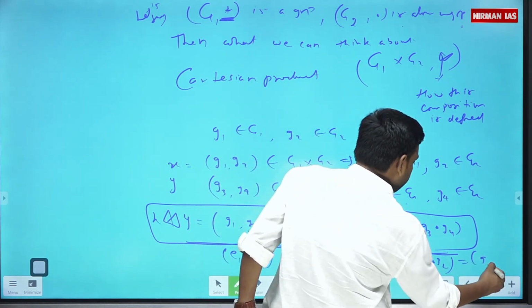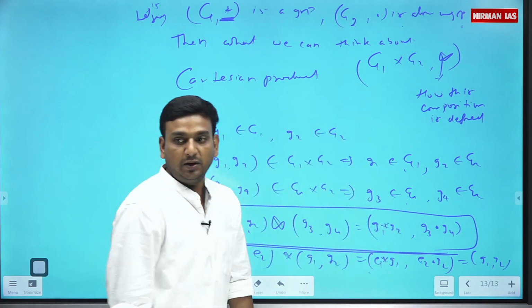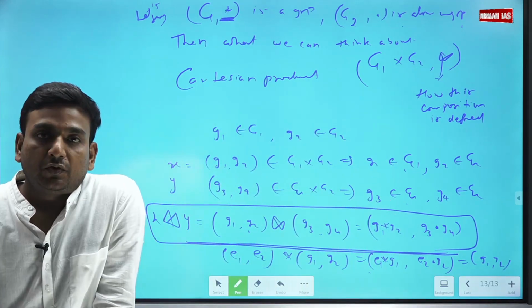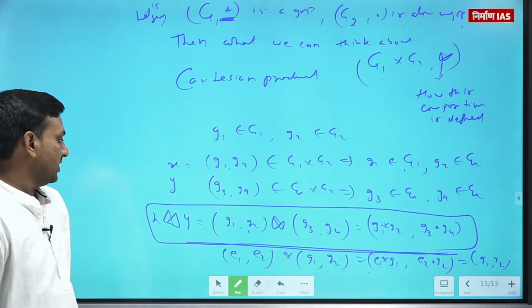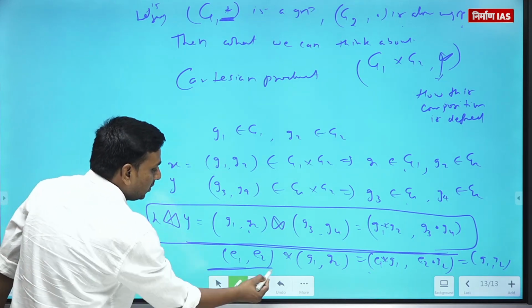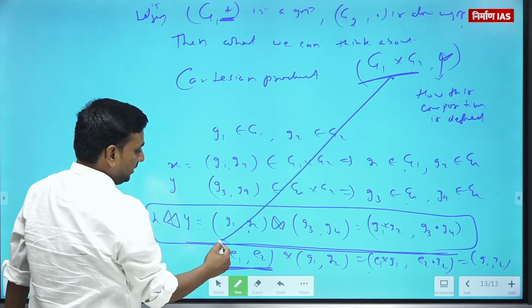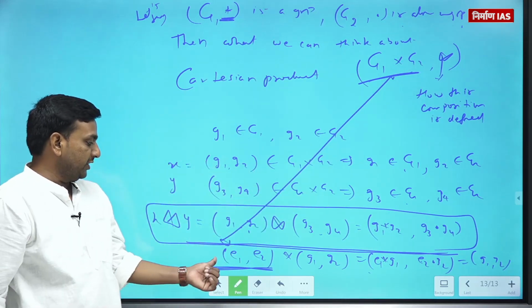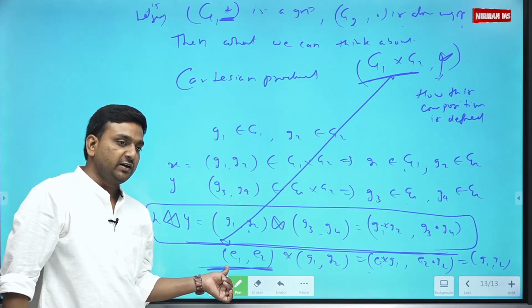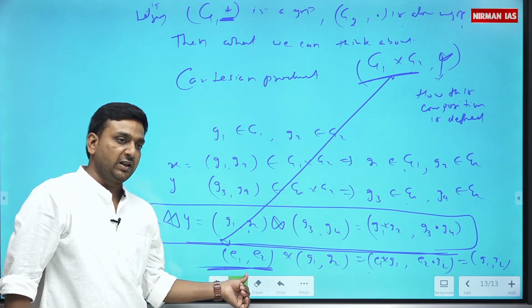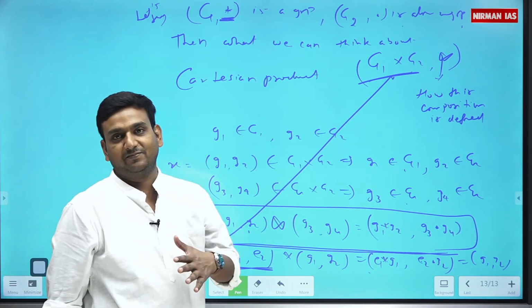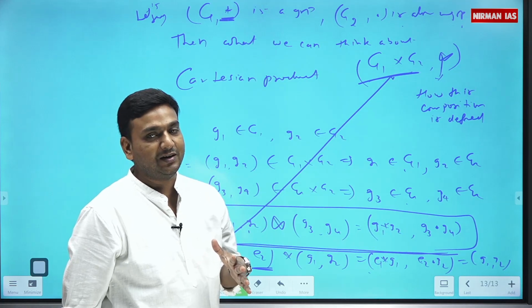This will be again the same element (g1, g2). So what it shows is that the identity element of G1 cross G2 will be with entries as the identity element of the first group and the identity element of the second group. Is that clear to you all?